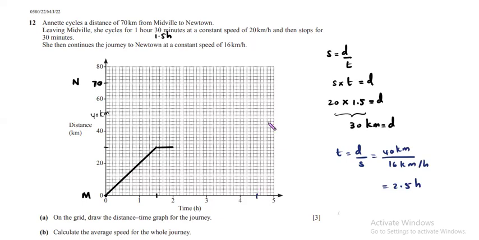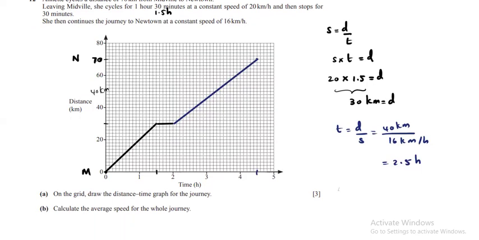At 4.5, that is when she just reaches Newtown. So 4.5 is here. I'm going to connect it to this point, just like this. This is how the diagram would look.